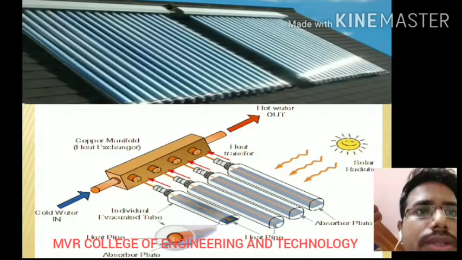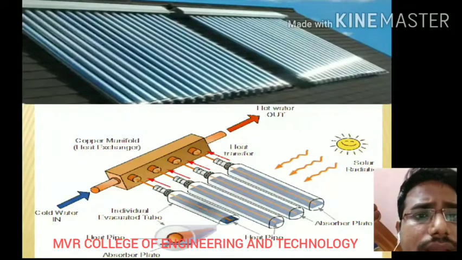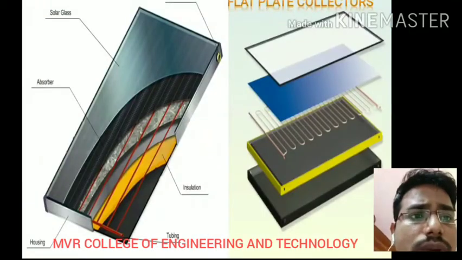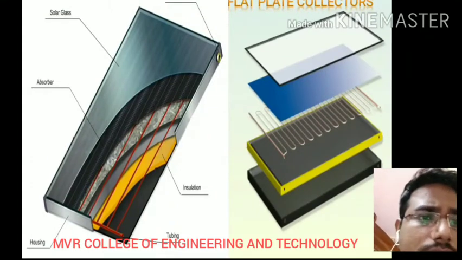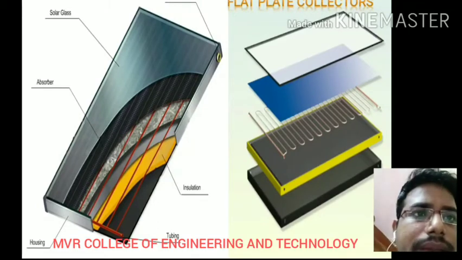So you can see the evacuated tube collectors. Here there is a cold water inlet and a hot water outlet. In the previous slide there was only a water outlet, there was no water inlet. There is tubing here, so through the tubing the water will come inside, and from the output the water will come outside.